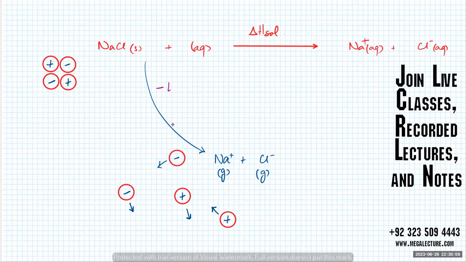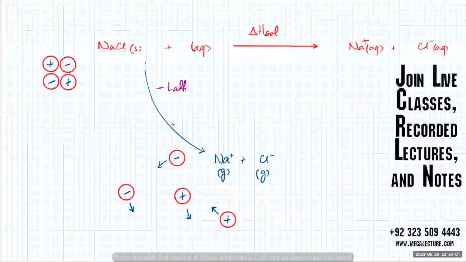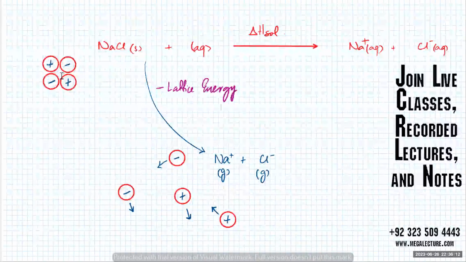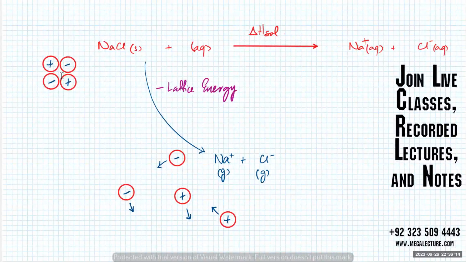That's the negative of lattice energy, because you're going in the opposite direction. Lattice energy was when you had gaseous ions and they would form the ionic lattice, right? Now you're doing the opposite. Okay, is this clear? Yeah. So that was lattice energy.